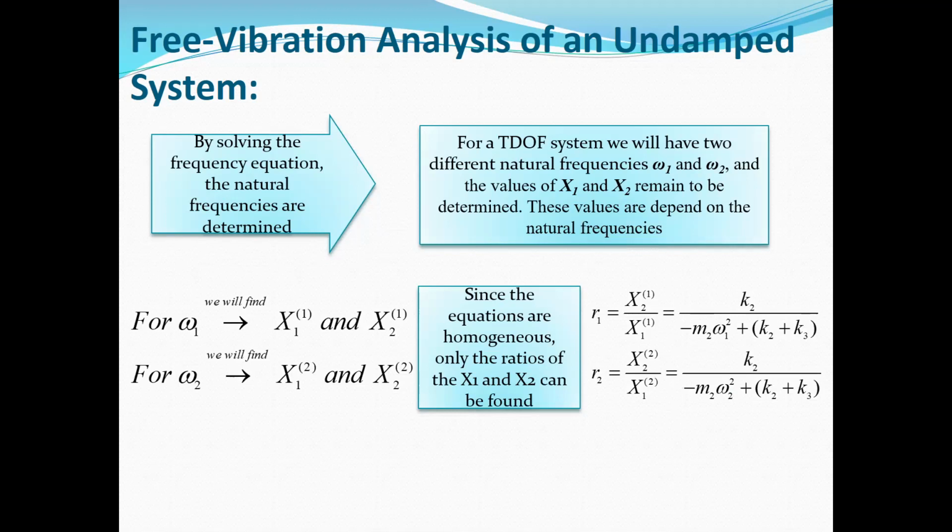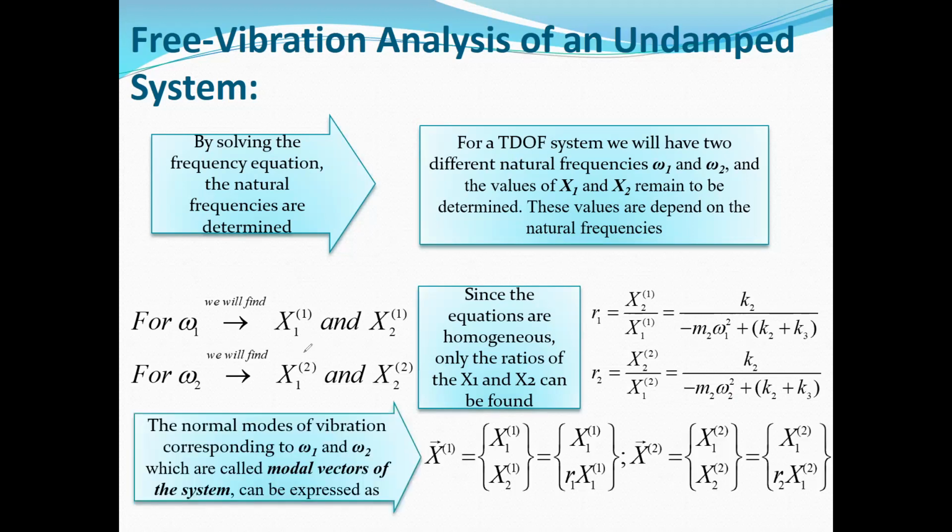For each natural frequency, we can extract a corresponding mode shape. Because this is an eigenvalue problem, we cannot find the exact values for the amplitudes x1 and x2. We only find one relation between x1 and x2 because this is a homogeneous equation, and we cannot find the exact value.